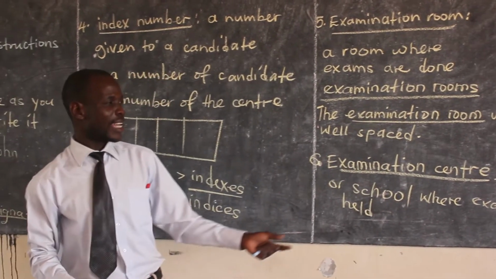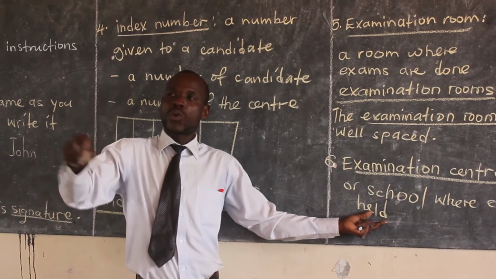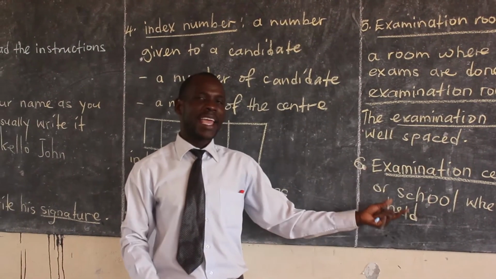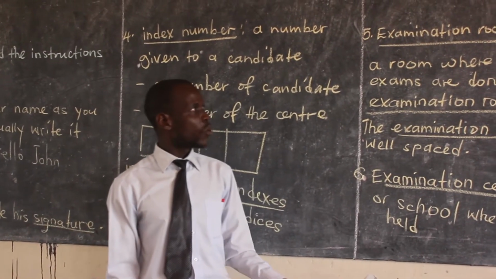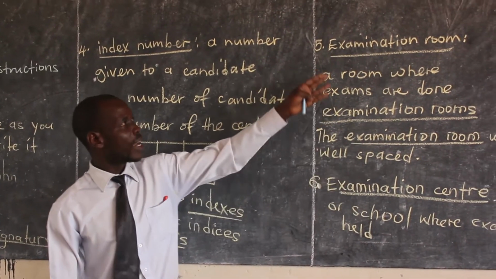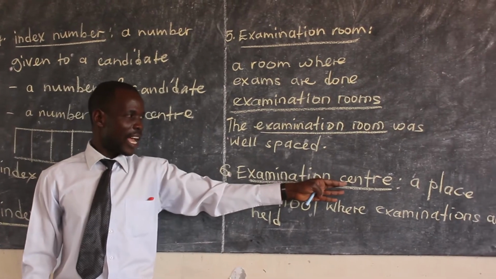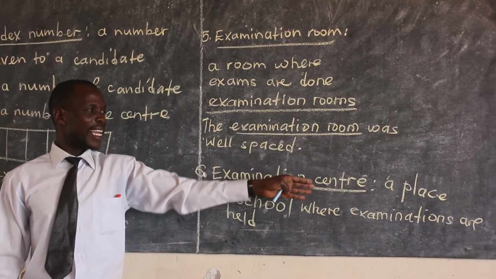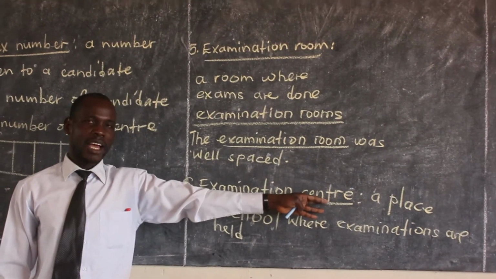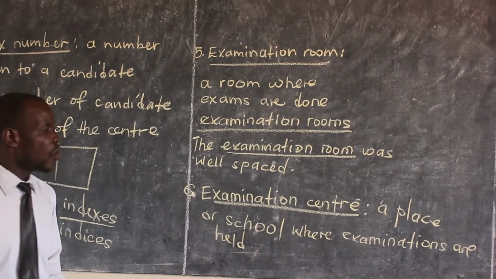So the center is a place where you go to sit for your examinations. Like we formed the plural form of the word examination room, even the word examination center will only take letter S in the word center to form its plural form.